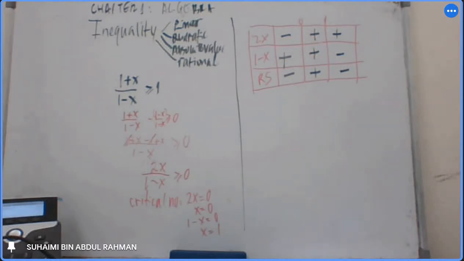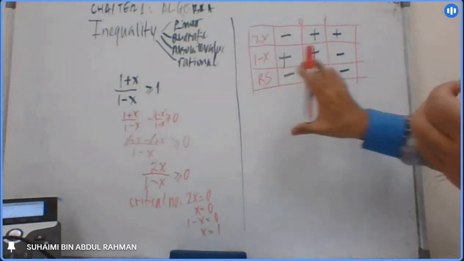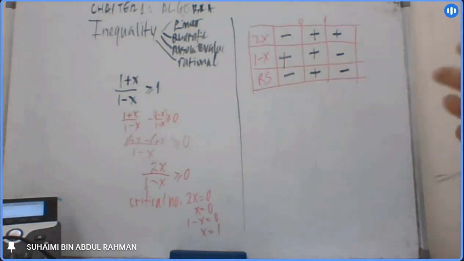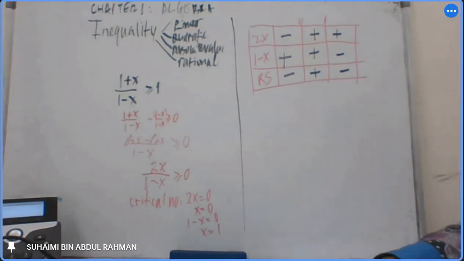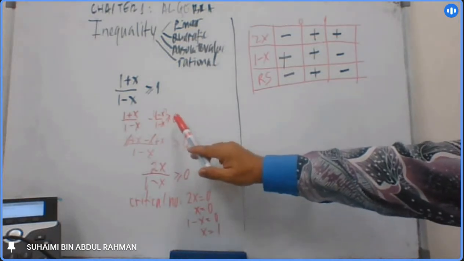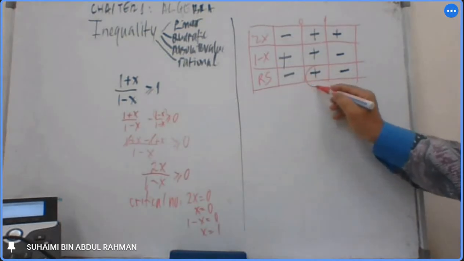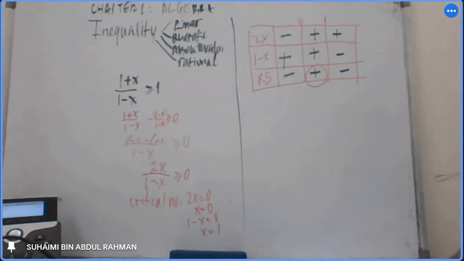So our resulting sign is minus, plus, minus. Now choose. We need to remember that the original is greater than 0, meaning we choose plus.